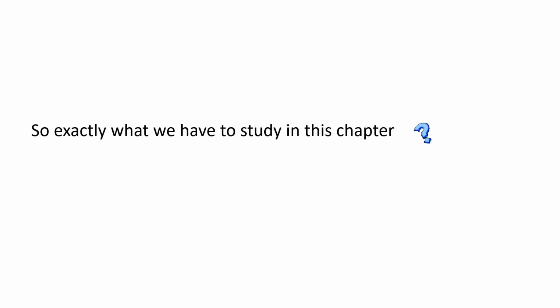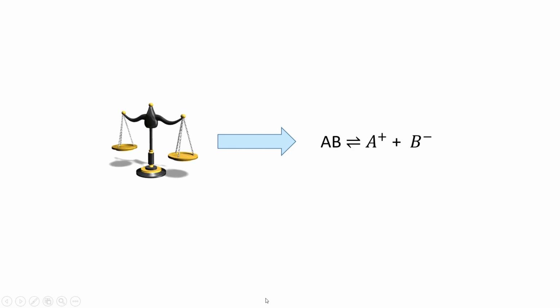So what exactly do we have to study in this chapter? We have to understand the equilibrium which is established in a weak electrolytic solution which reacts in a forward as well as a backward direction, and also learn about the factors and equations related to it.